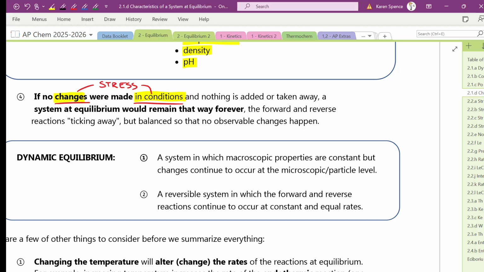There are a few other things to consider before we summarize everything. Changing temperature will alter the rates. If we decrease temperature, what happens to the rates? Okay, I see people drawing, I see people on their phone, I see people playing with their markers.